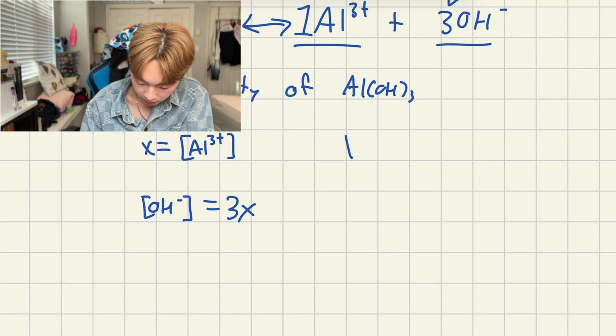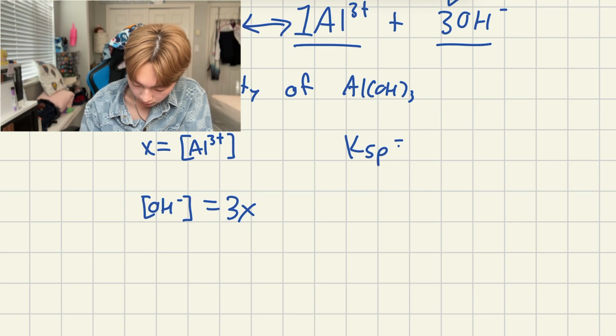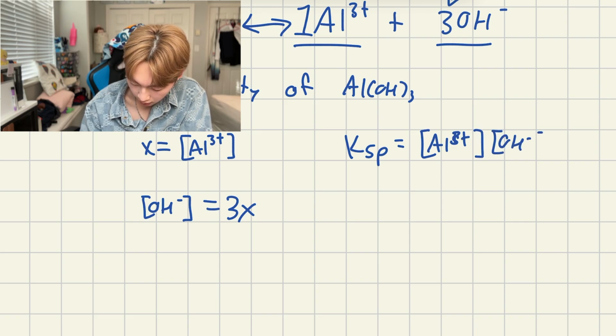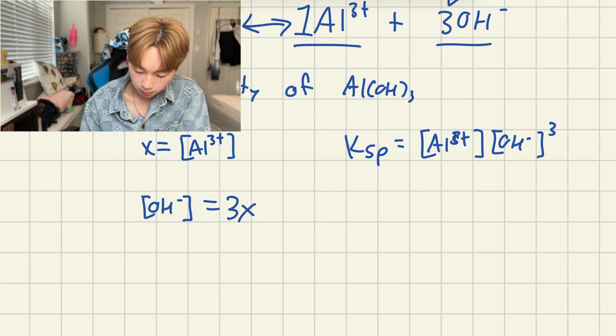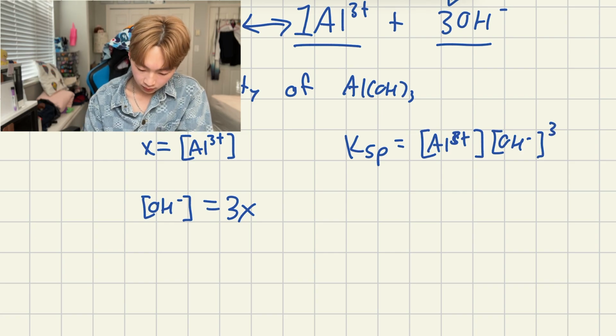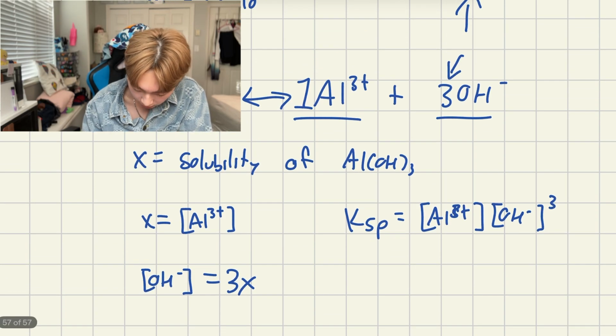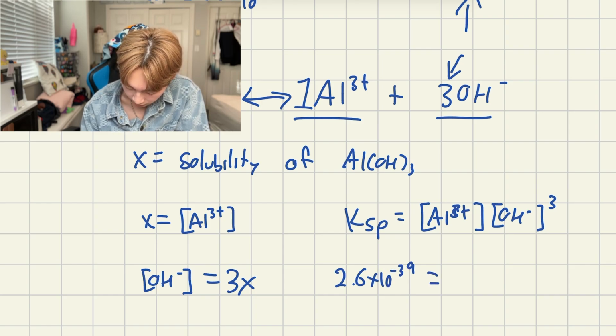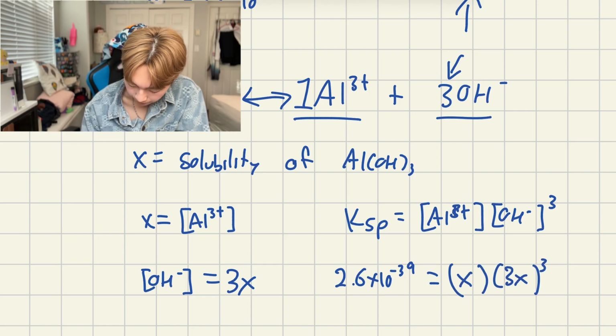Next, let's write our Ksp expression. It's equal to our concentration of Al3+ times the concentration of OH-. Make sure to raise it to the power of 3 because of the coefficient. And now let's plug in some numbers. 2.6 times 10 to the negative 39 is equal to x times (3x) cubed.